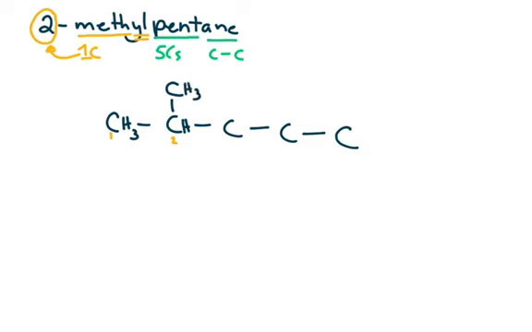Over to the right of number 2, so the number 3 carbon, I didn't put the numbering because we didn't really need it, but number 3, I've got 2 bonds, I need 2 more. 2 bonds, 2 more, 1 bond, 3 more. So there is my 2-methyl pentane complete. You just made your first branched chain alkane. Yippee!